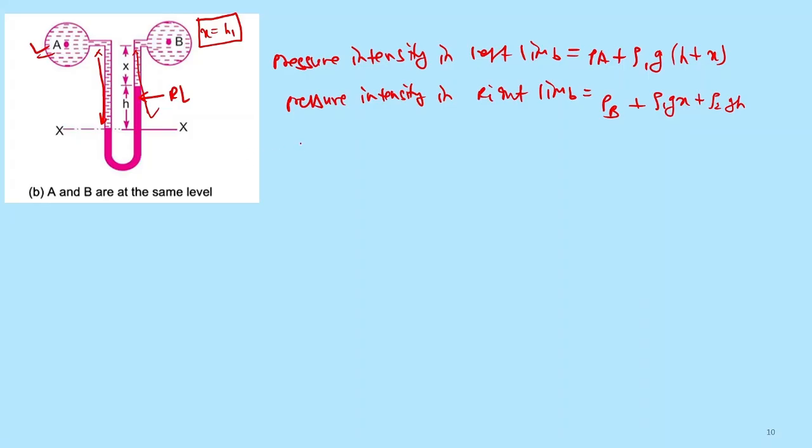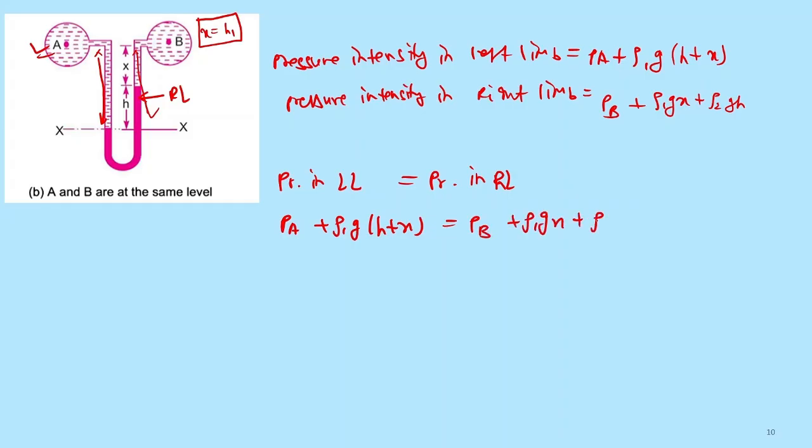So if we equate both equations, pressure in left limb equal to pressure in right limb, we will get PA plus rho 1 g (h plus x) equal to PB plus rho 1 g x plus rho 2 g h. Here the lighter liquid distance we are taking as x and the heavier liquid as h, and density for the lighter liquid is rho 1 and density for heavier liquid is rho 2.